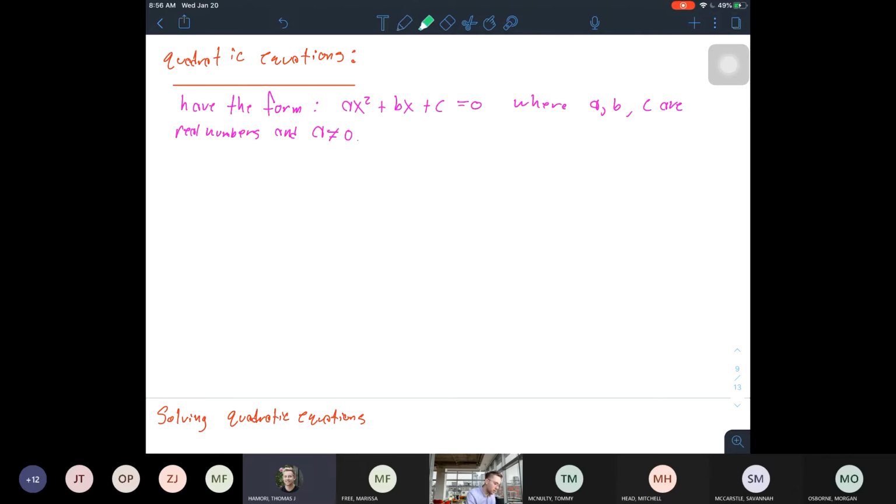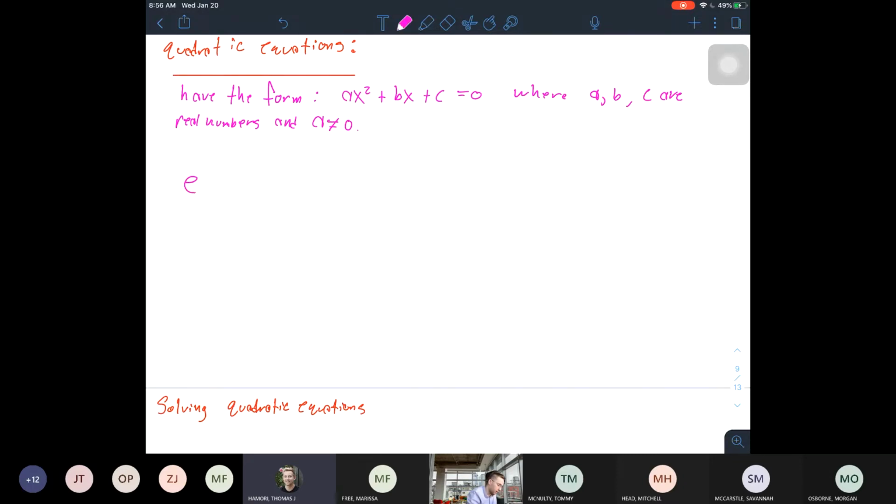Because if a was equal to 0, then this whole term would go away and we'd be left with just bx plus c equals 0, and that would be a linear equation. So a shouldn't be 0. For example, we could have something like 4x squared minus 27x plus 3 equals 0.